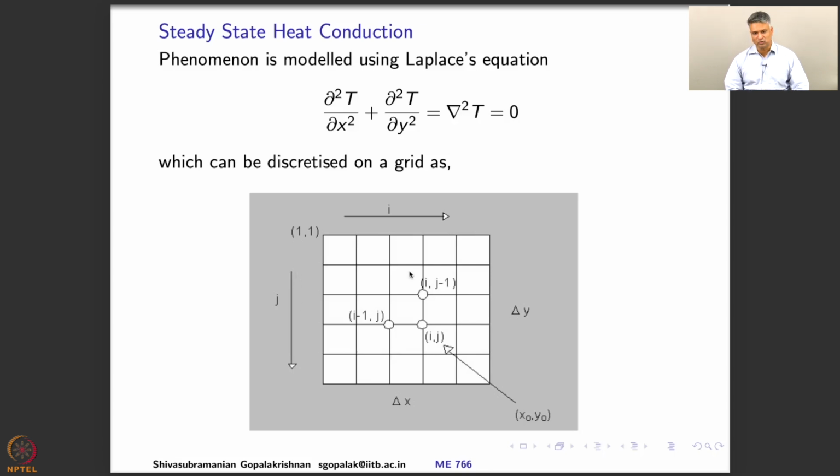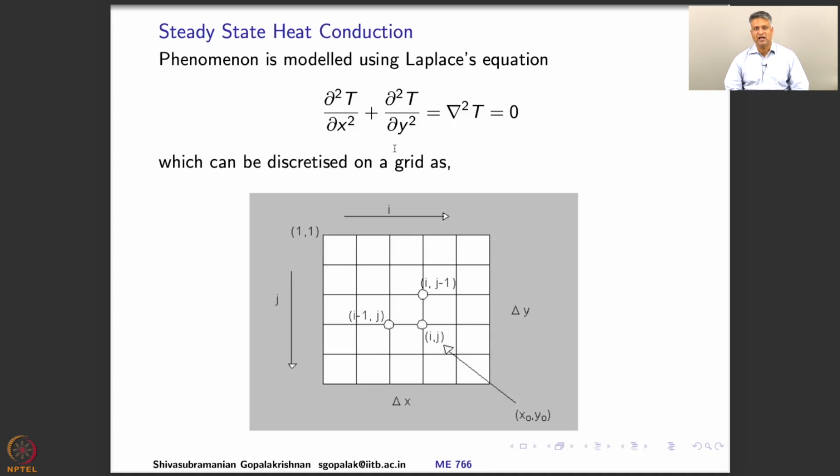We will also assume that these points are being sampled at uniformly spaced intervals. That is, delta x is equal to delta y is equal to some constant. So, in this case, the point i minus 1 comma j is at a distance of delta x from i comma j. The point i comma j minus 1 is at a distance of delta y in the direction of the y axis from the point i comma j. And we will have essentially an n cross n matrix to work with.